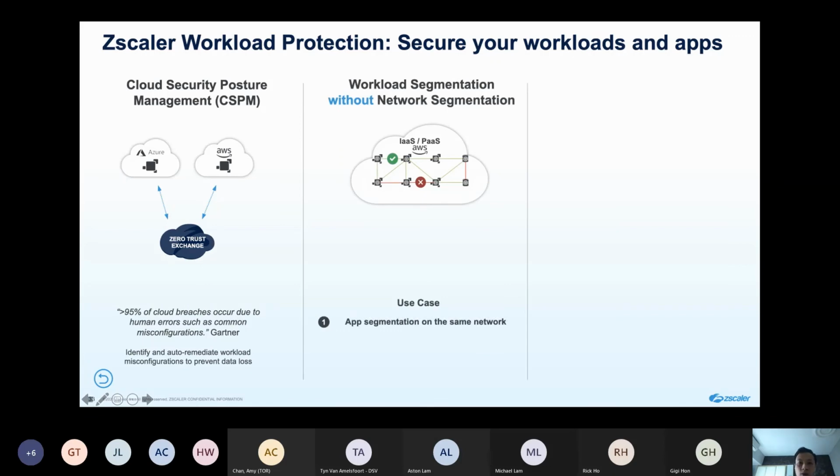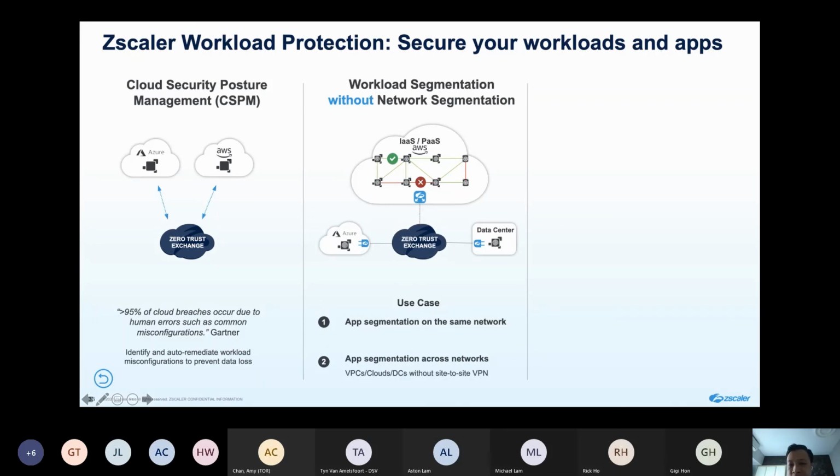Also, for workload sitting in the cloud or in an on-premise data center, it doesn't have to be in the cloud. It can apply to your traditional workload sitting in your data center as well. Instead of doing network segmentation, we can leverage our intelligence and technology to fingerprint your application and allow those whitelisted applications access to another application.